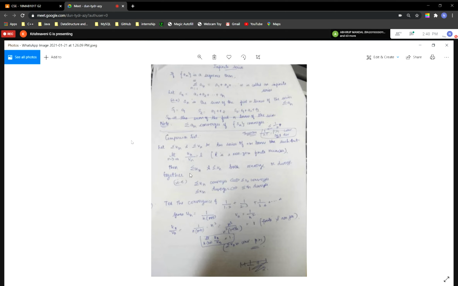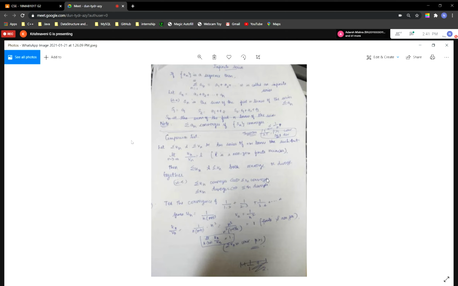Then summation un and summation vn both converge or diverge. That is, summation un converges if and only if summation vn converges. Summation un diverges if and only if summation vn also diverges. This is an if and only if condition. You should remember the test.